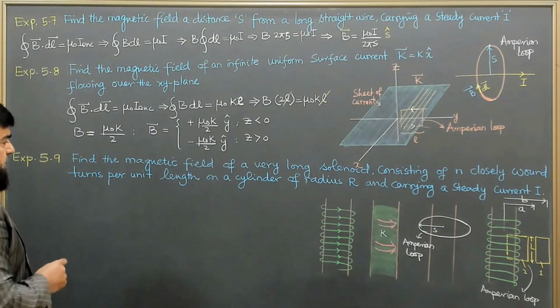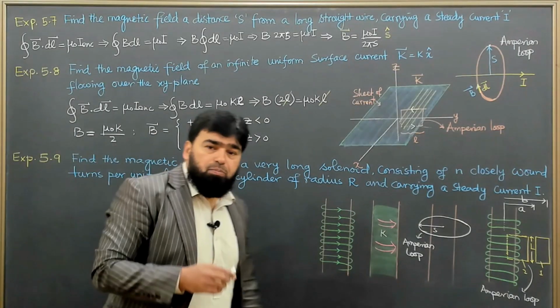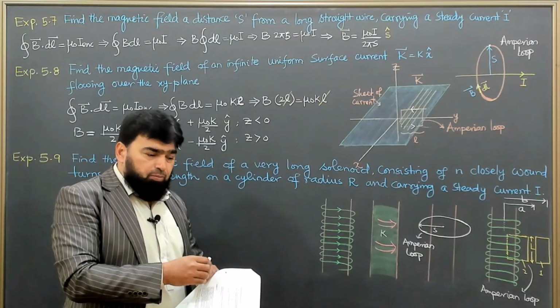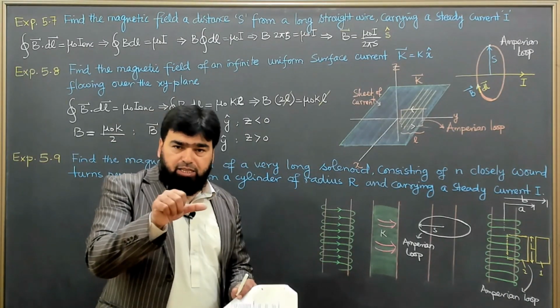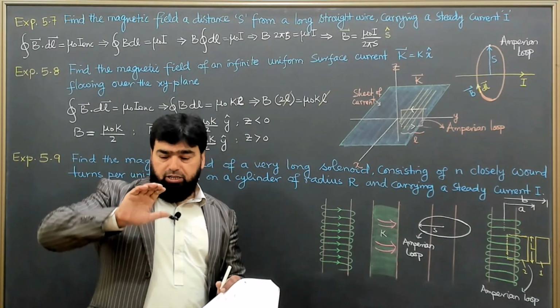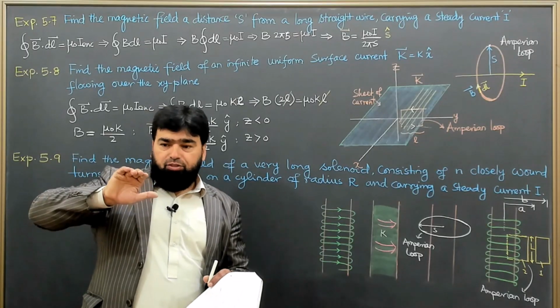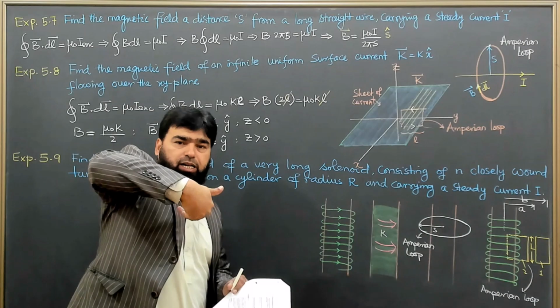The very first thing that we will consider is the direction of the magnetic field. If the current is going in this direction, then the magnetic field goes around it. If the current is going around like this, the magnetic field will be directed this way.